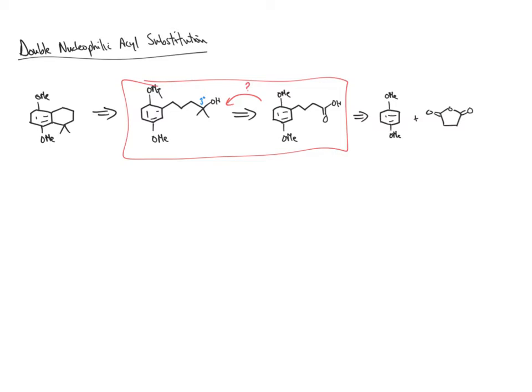Well, there are actually two possibilities, and I want to talk about the first possibility first. This particular sequence, I'll call pathway A, is not exactly the best pathway, and you'll see why in a second. So we should be able to make that type of species.